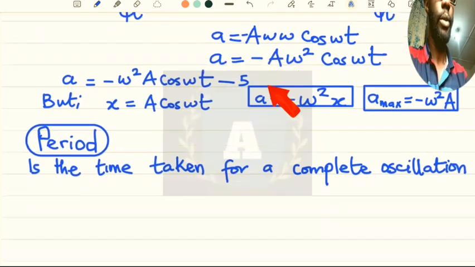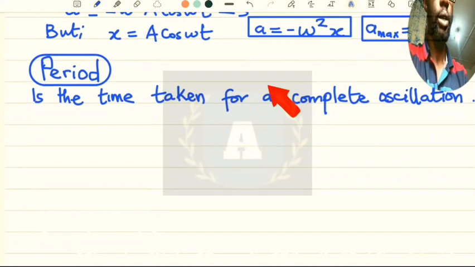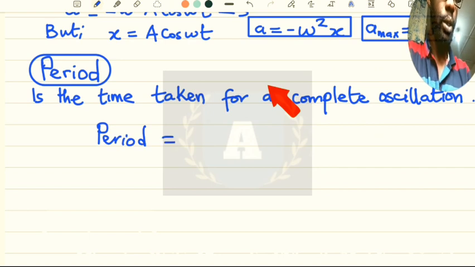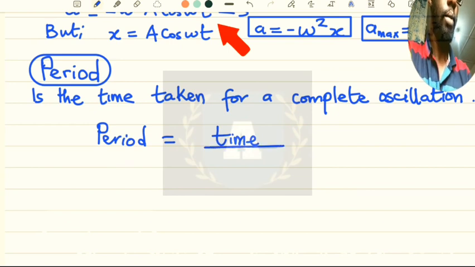Period is the time taken to make a complete oscillation, which means that period is equal to time divided by number of oscillations.